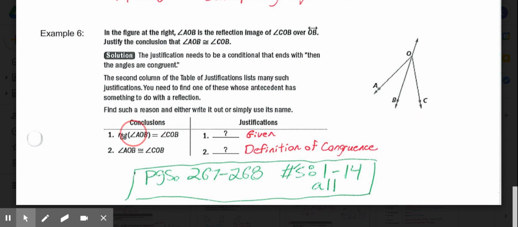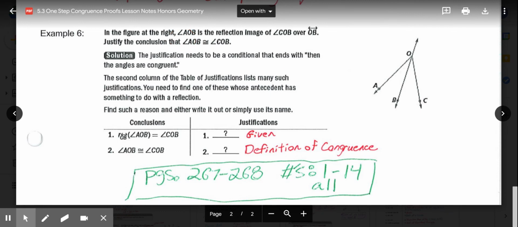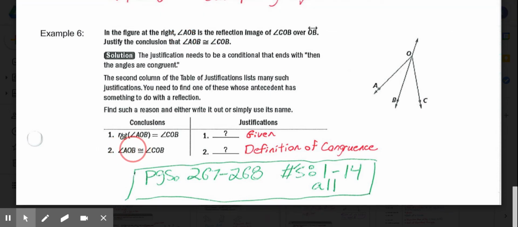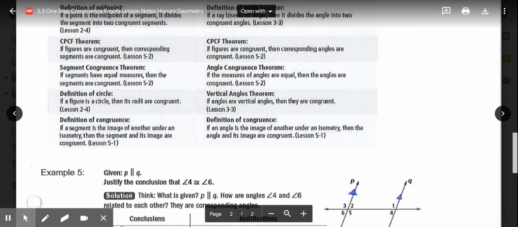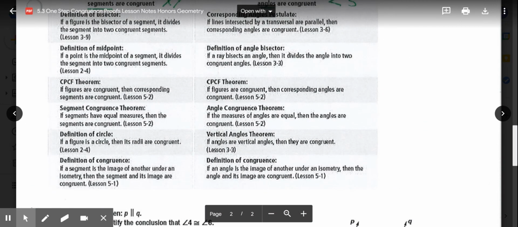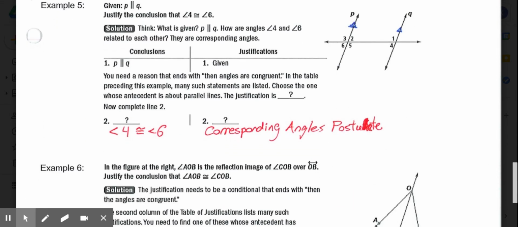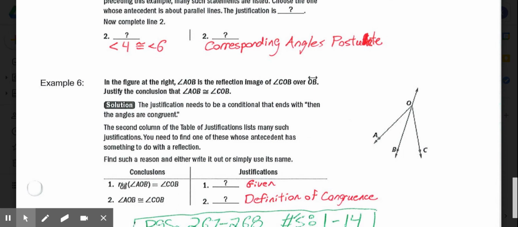So looking at our proof, that angle AOB reflected over OB gave us COB was given. That's right up here. For the final conclusion that angle AOB is congruent to angle COB, I would need to, again, look for something that says angles are congruent, and then something about a reflection.